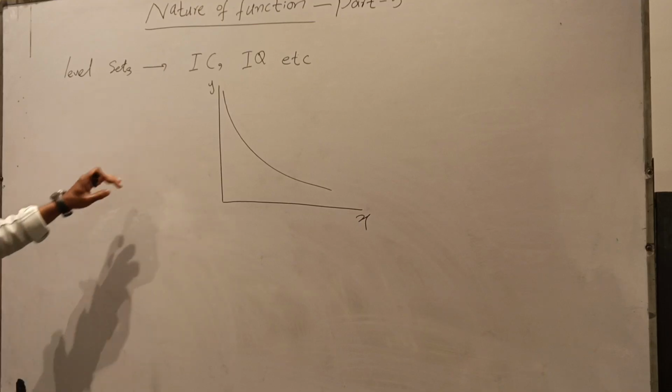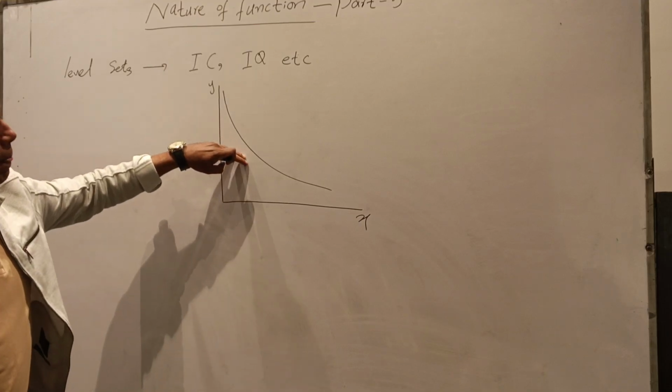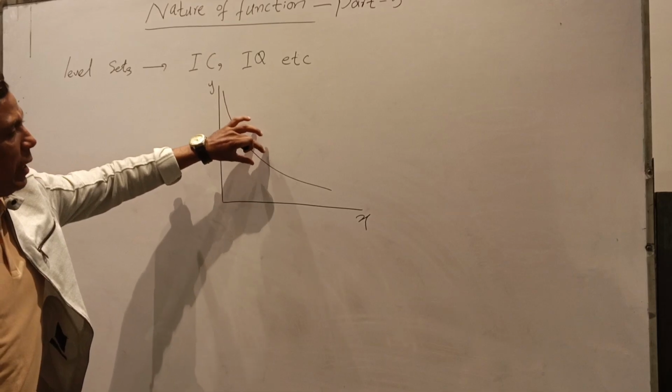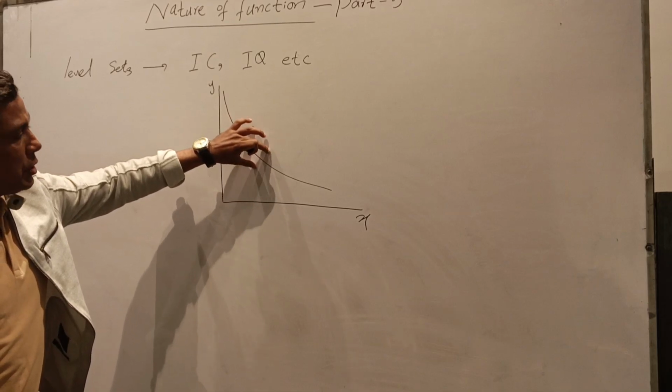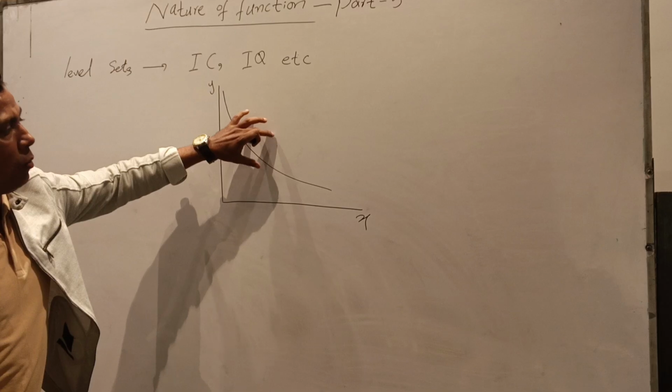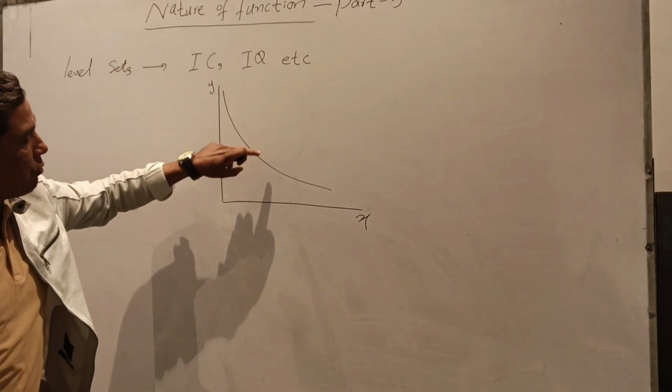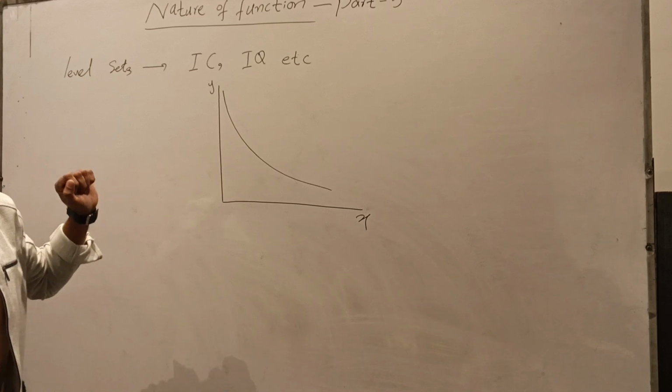What does it mean? You decide a point of benchmark on which you will compare which value is greater than this level value or which value is less than this level value.